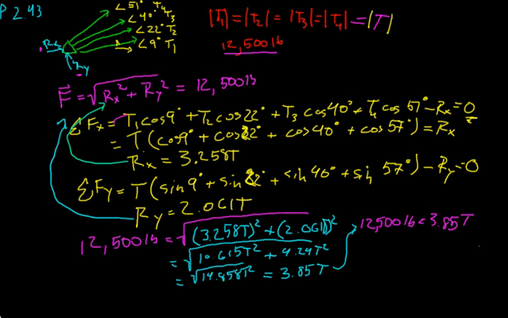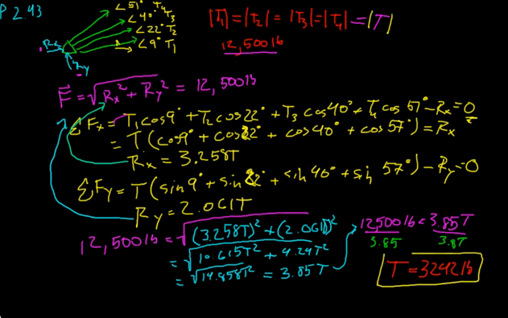So divide both sides by 3.85. That's going to yield that T is equal to 3,242 pounds. That is your final answer. That is the T necessary.